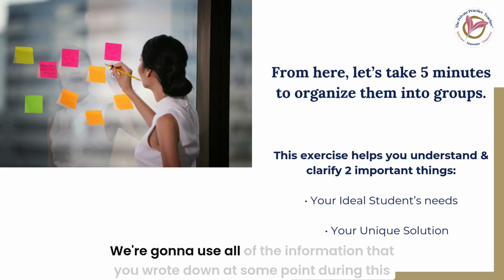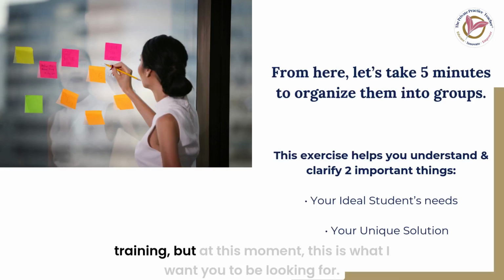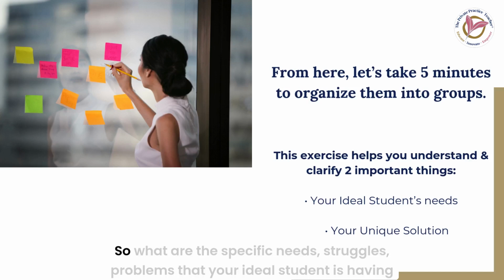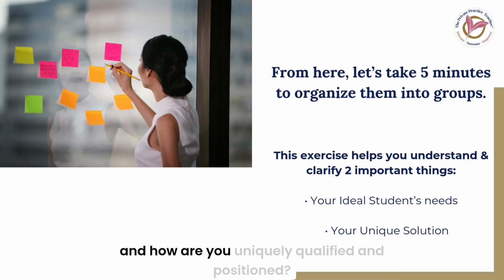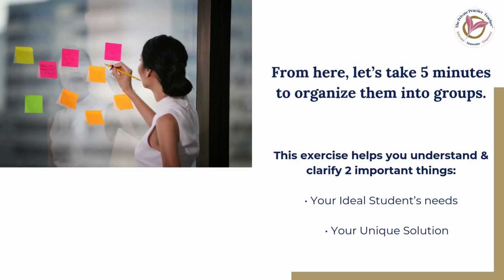We're going to use all of the information that you wrote down at some point during this training, but at this moment, this is what I want you to be looking for. So what are the specific needs, struggles, problems that your ideal student is having? And how are you uniquely qualified and positioned to address those needs? I want you to look for the overlap.